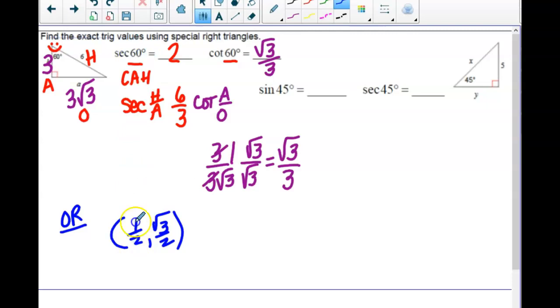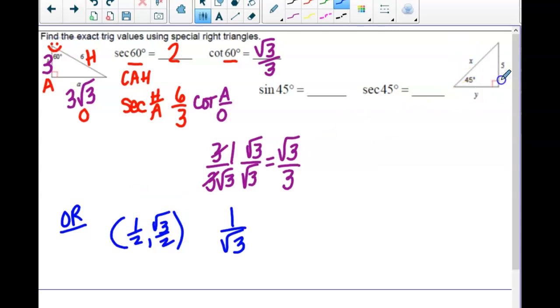So if you flipped this over, you would get 2, yes? The cotangent is x over y, so you would get x over y. Is that the same thing we got? So while you're supposed to use this, am I going to know if you went to the unit circle and used this? Okay, either way.